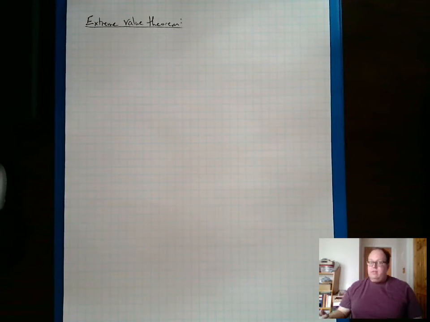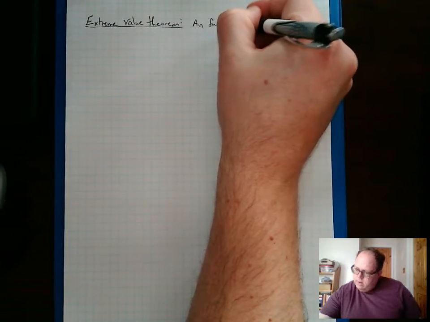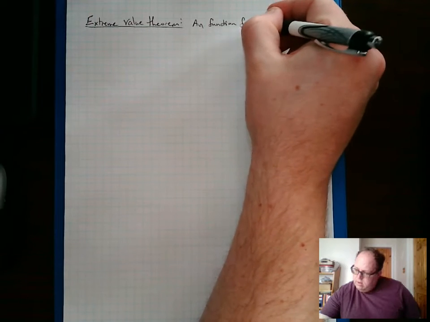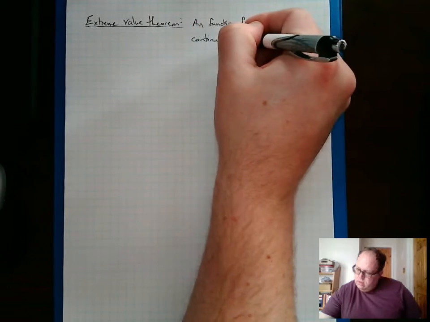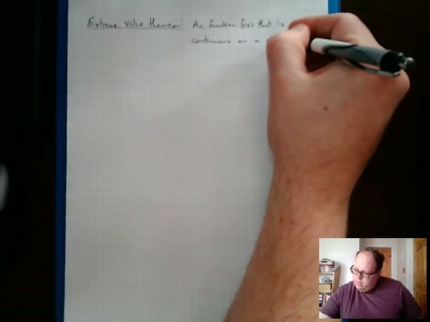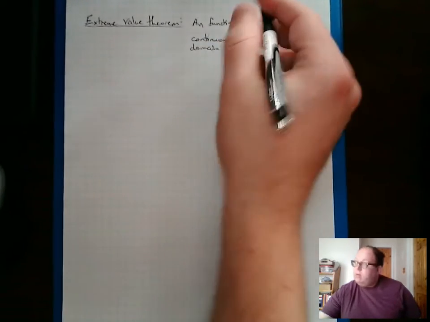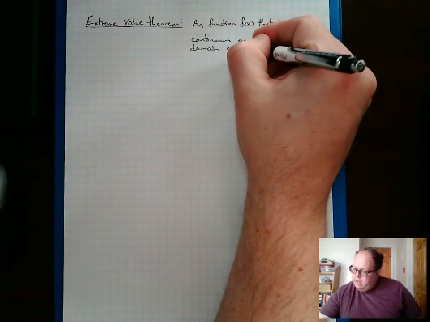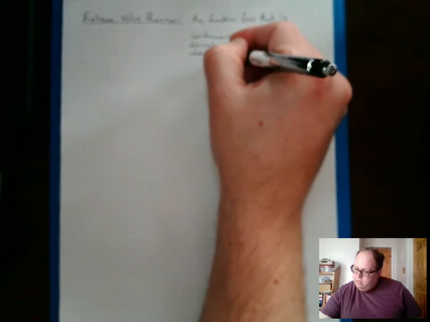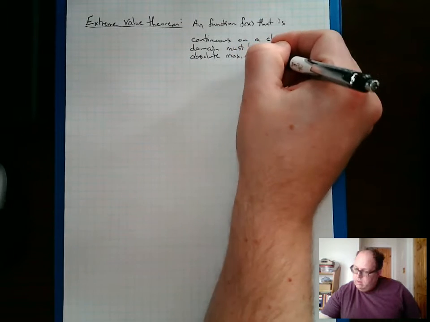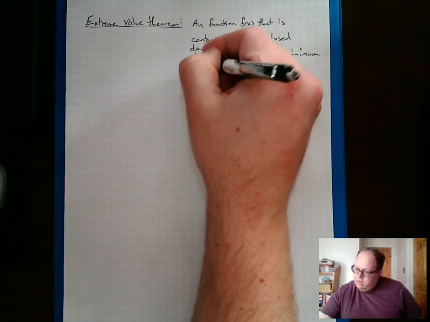The extreme value theorem just states that any function f of x that is continuous on a closed domain must have an absolute maximum and minimum in that domain.